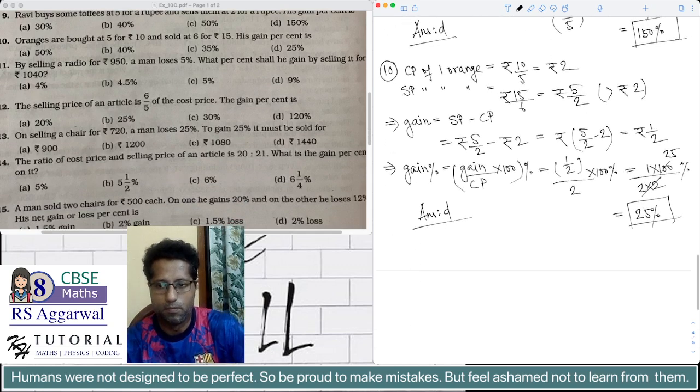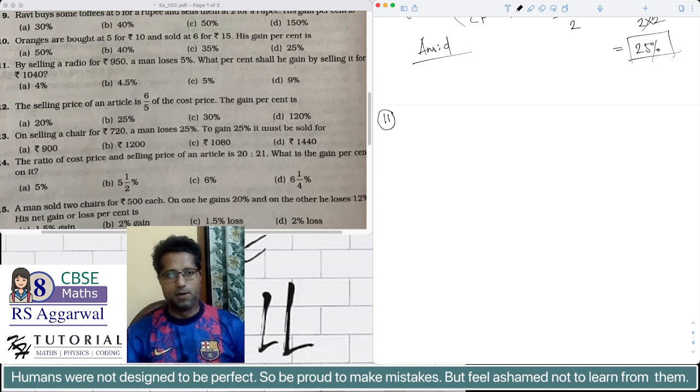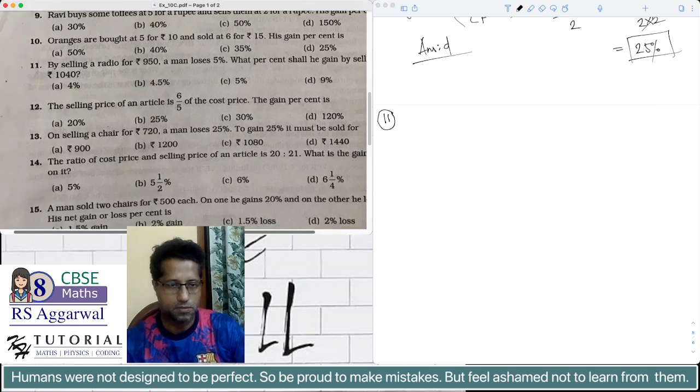Let's do problem number 11. By selling a radio for rupees 950, a man loses 5%. What percent shall he gain by selling it for rupees 1040?